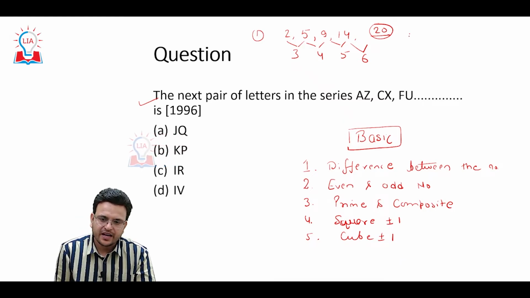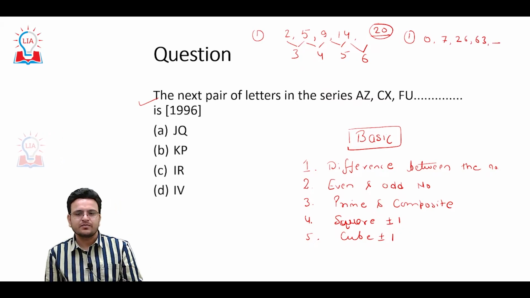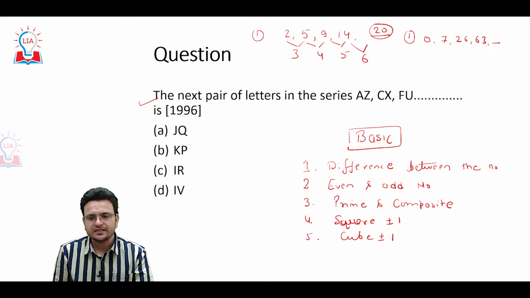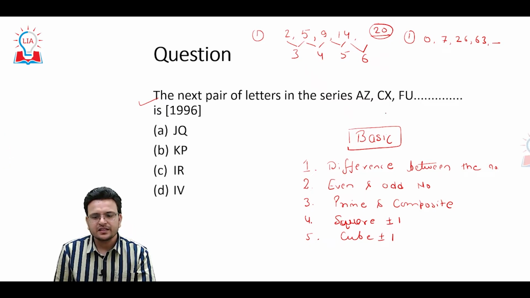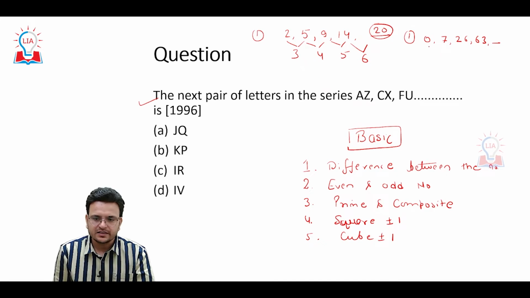For example, when I am writing a series here, 0, 7, 26, 63, what will be the next number? When you see the series, the difference is not working, they are not even or odd numbers, prime or composite numbers, then look, square is not working, then see the cube.